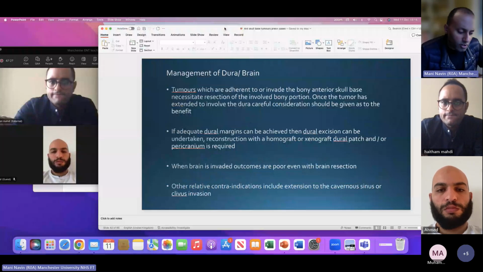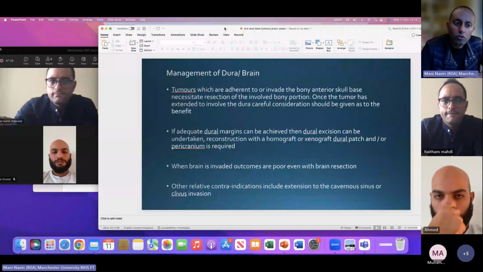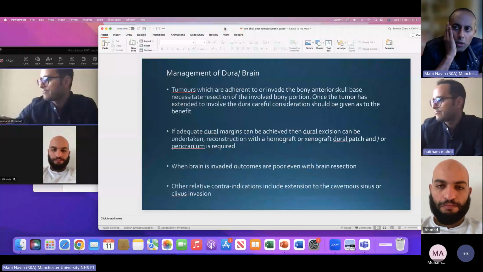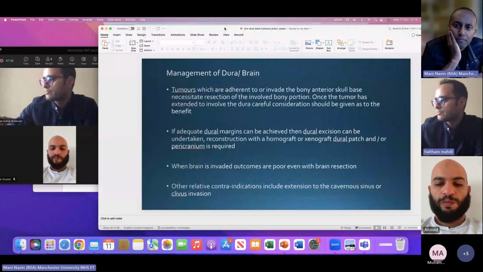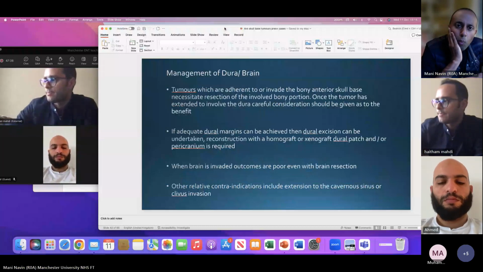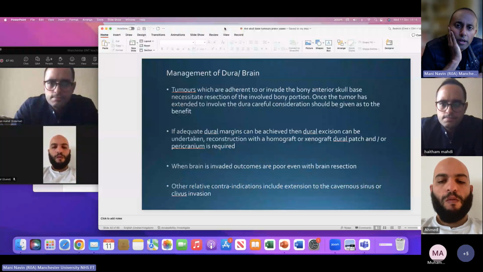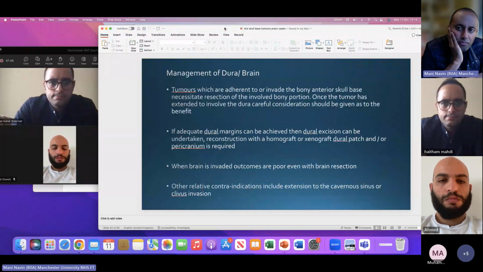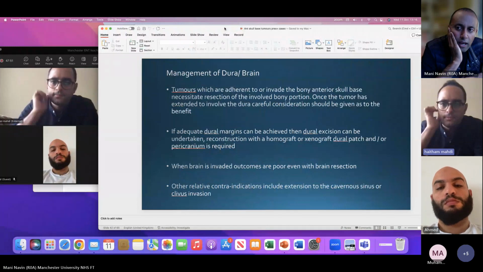Okay, so let's go through each one of these then, just to give a little overview of what we think about. If tumors are going through the bony skull base, then obviously that needs removal. When the tumor has gone into dura, you need to think about what is resectable. If you can get dural margins, then you can resect the dura.